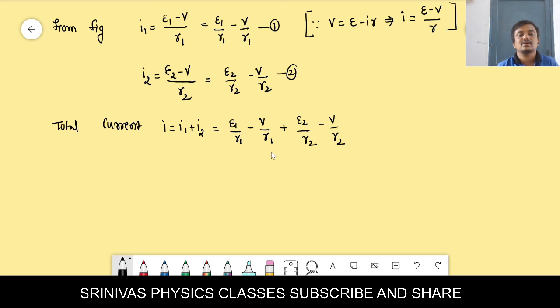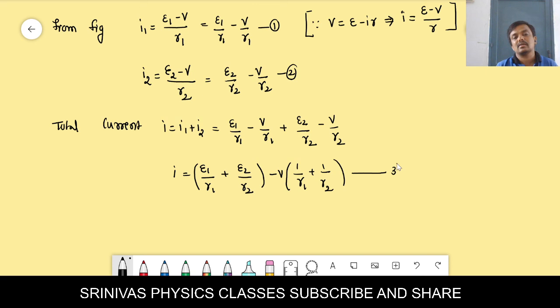Then I is equal to, a little bit we can simplify, E1 by R1 plus E2 by R2, and we can take the minus V common: minus V by R1 minus V by R2. If you take the minus V common, you will get 1 by R1 plus 1 by R2. This is equation 3. Right?